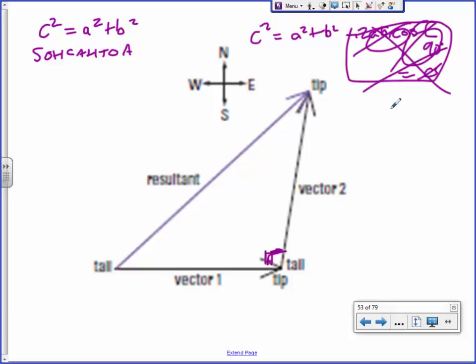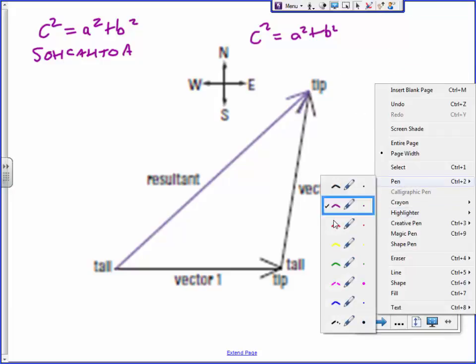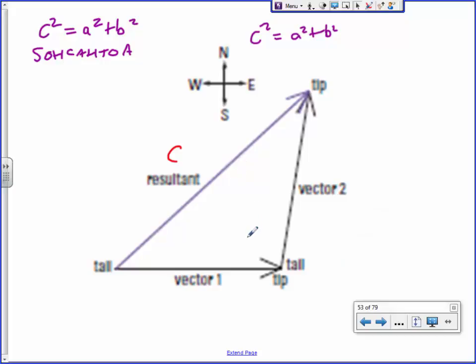But the truth is not every triangle is actually a 90-degree one, because clearly looking at this one right here, although I've written the little right angle symbol in the corner, I don't think it's actually 90. So the trick to the cosine law, if I just rewrite it out here, is that it looks like Pythagoras' theorem. The long side is still C. Actually, it doesn't have to be the long side.